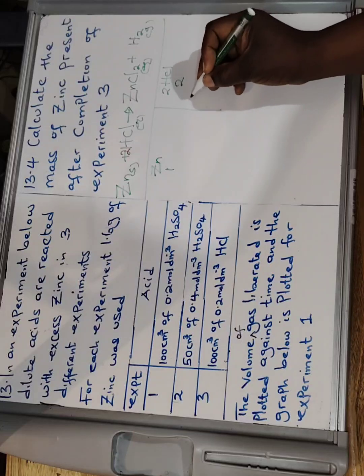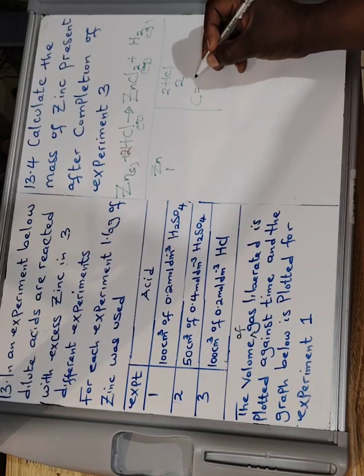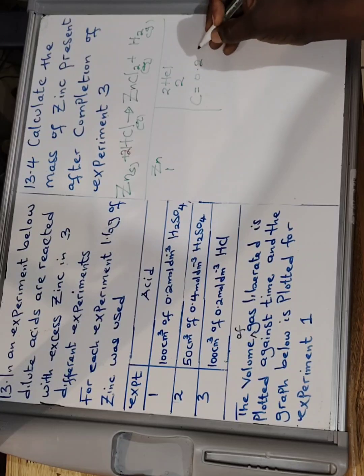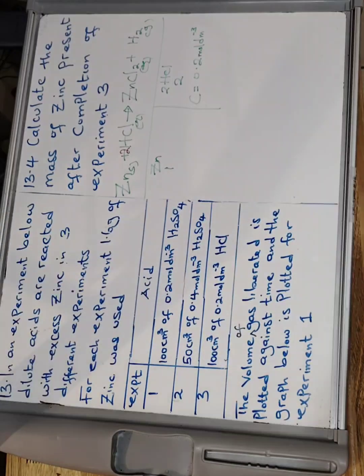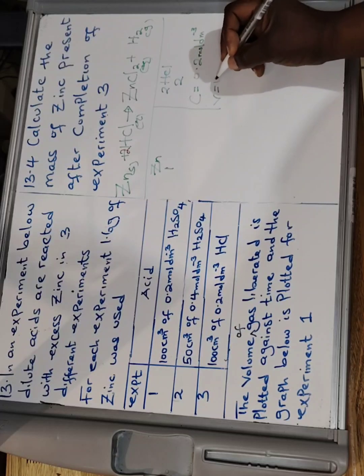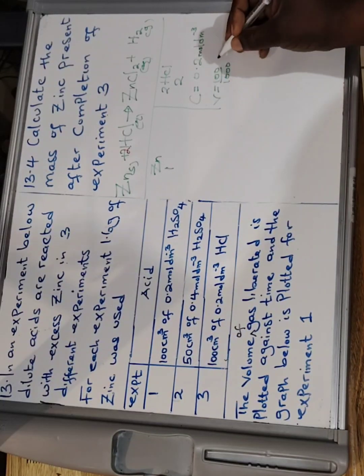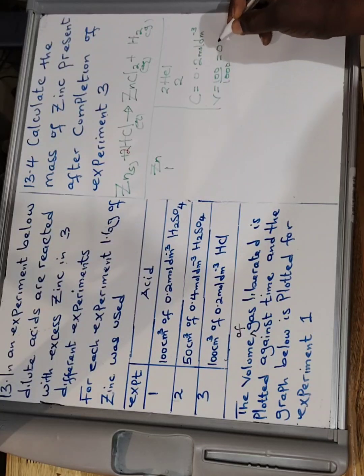So it's the one which is our standard. We say C, the concentration, is 0.2 moles per cubic decimeter. What else do we have here? We know the volume. The volume is 100 cubic centimeters, but we convert it to cubic decimeters and you get 0.1 cubic decimeter.